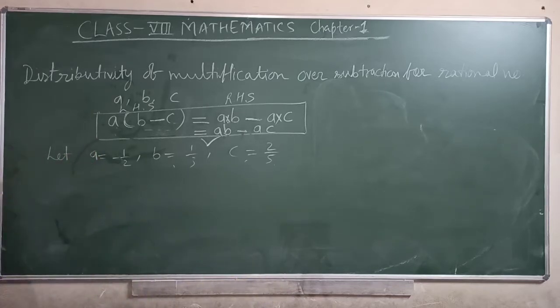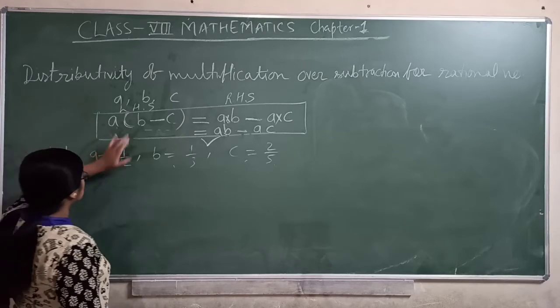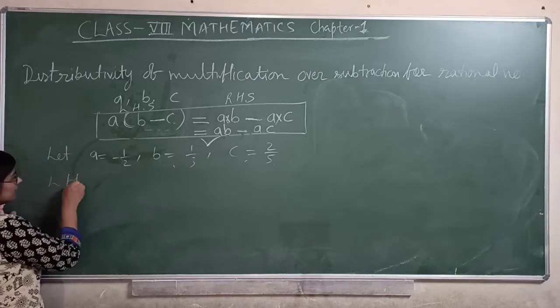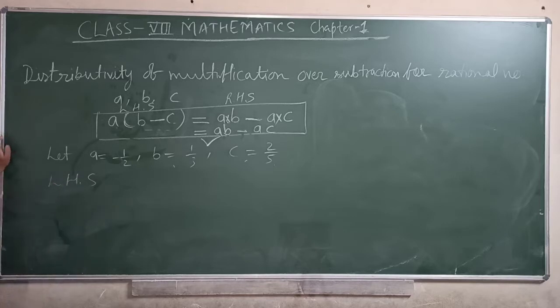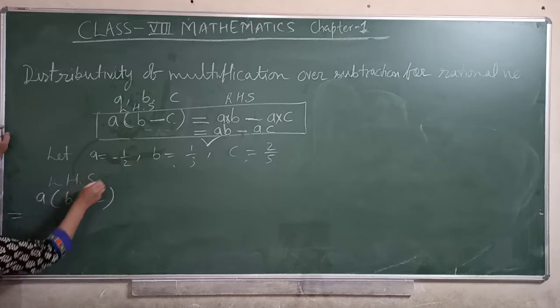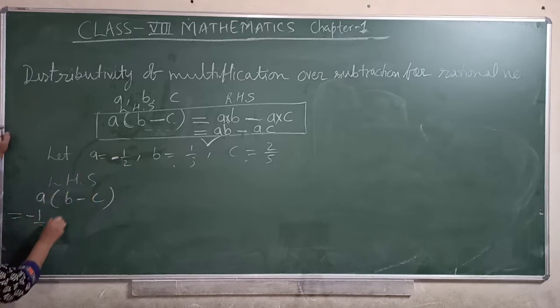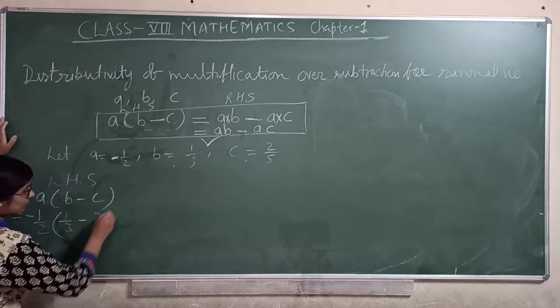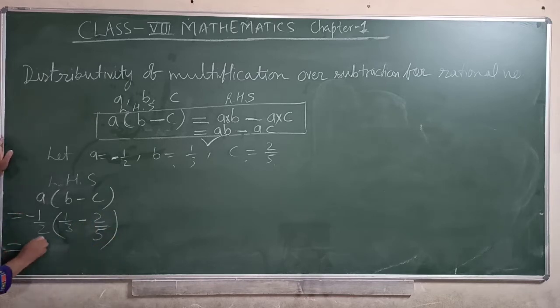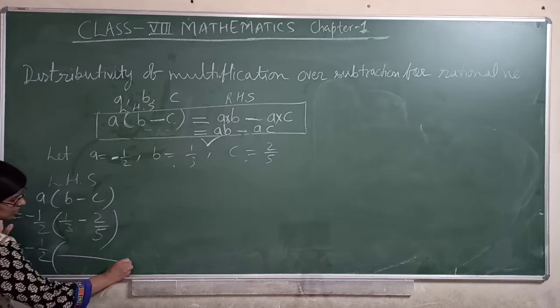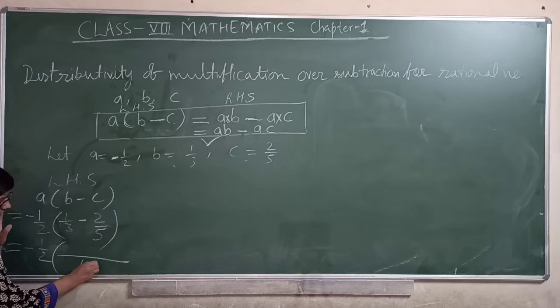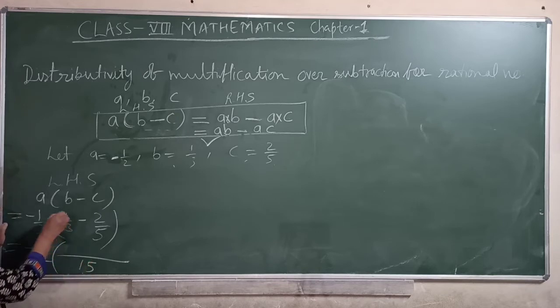Okay. Same value I am taking for this also. First I am taking left hand side. Okay. Left hand side is A, B minus C. A is minus 1 by 2 within bracket 1 by 3 minus 2 by 5. LCM is 15. 1 you have 1 into 15 divided by 3.